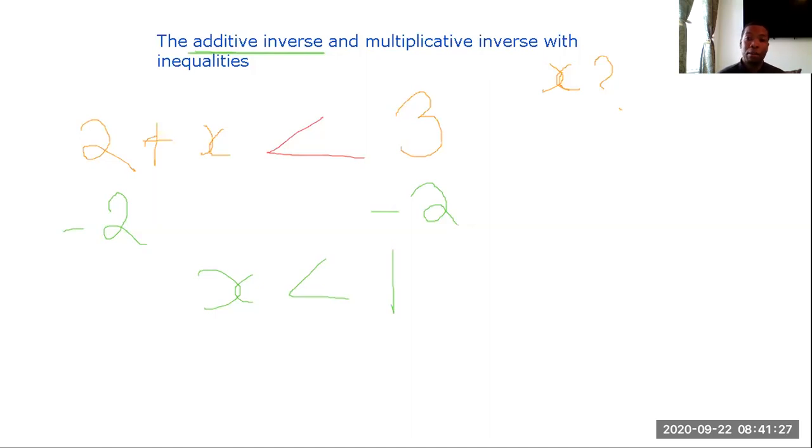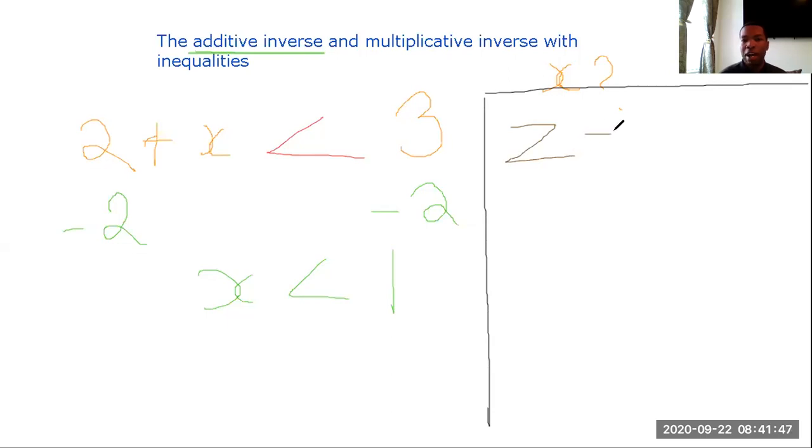I'm going to do another problem. Let's put a line through here. Okay, and then z minus 4, is, let's use a different color, is greater than or equal to 8.